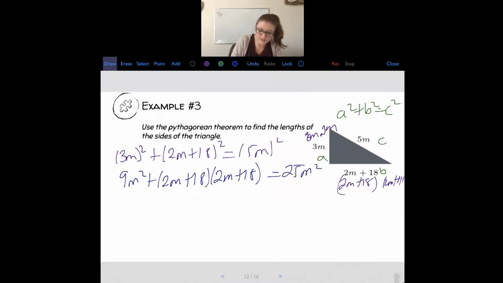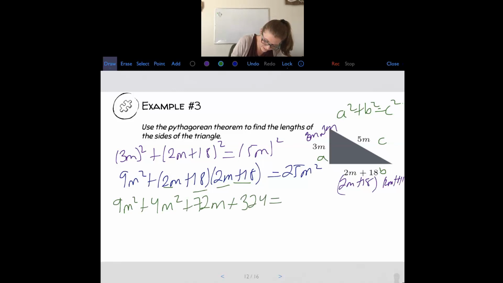Okay, so use FOIL for 2m plus 18 times 2m plus 18. This is 9m squared plus 4m squared. 2m times 18 plus another 2m times 18 is going to give us 72m. 18 squared is 324, and this is equal to 25m squared.